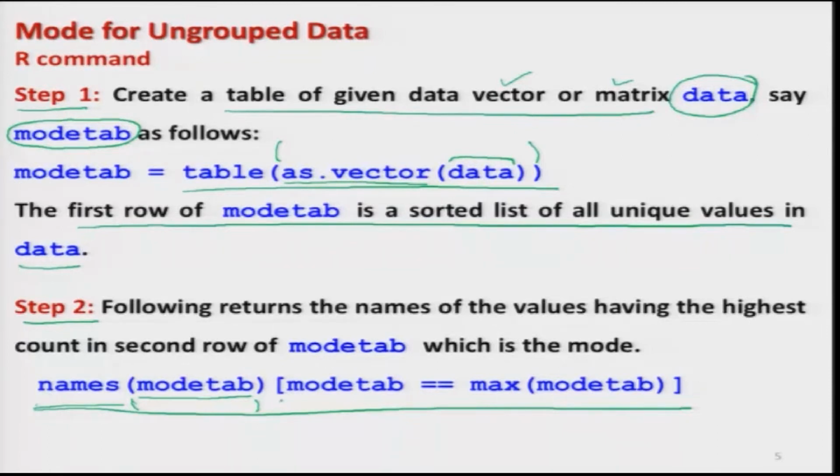Then inside the square brackets, remember these are the square brackets here, you have to write modetab, or the data you have obtained in step 1, double equal to. What is this double equality sign? This is a sign of a logical operator for equality. So that is a sign for logical equal.